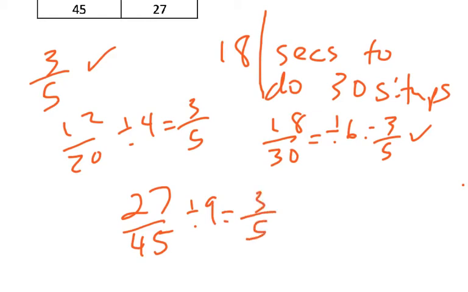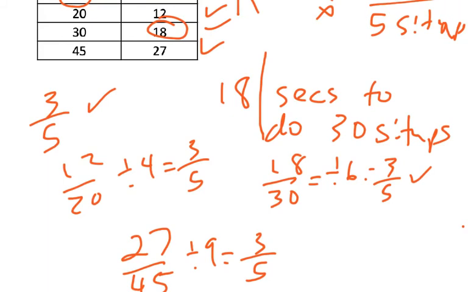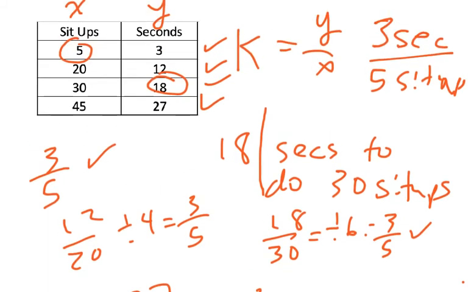So once again, check. So this is constant, 3/5 all the way around, and you just have to interpret what do those numbers mean. So next up is how do you interpret proportional graphs, and so that's what we'll be looking at next.